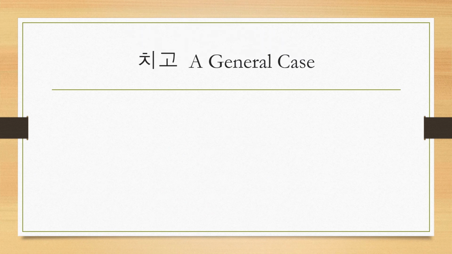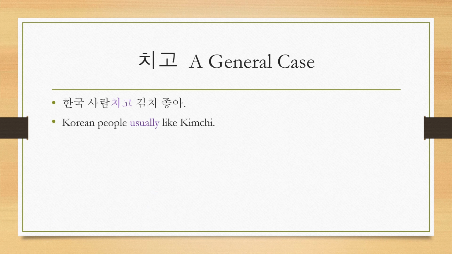So here we have 치고, and 치고 you add to a noun to make whatever you're talking about a general case for something, right? So generality, you put 치고 onto the noun and it shows that. So here we have Korean people usually like kimchi. 한국 사람 치고 김치 좋아해요. So basically generally Korean people do like kimchi, and this is you're kind of emphasizing the generality of the case.